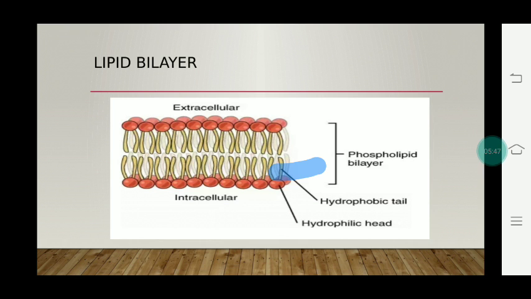So the interior of the plasma membrane is hydrophobic in nature, made up of the non-polar tails of lipids. The primary physical force organizing the lipid bilayer is hydrophobic interaction, the interaction of the hydrophobic tails within the plasma membrane.